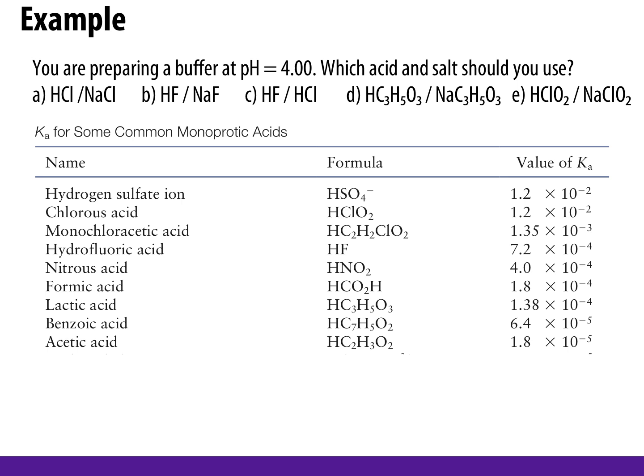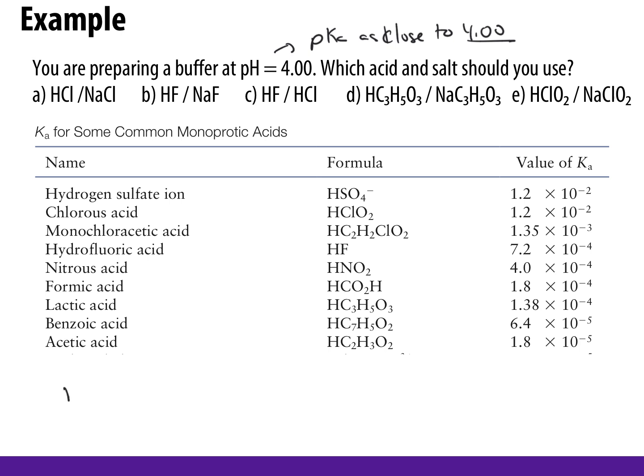Okay, so the best buffer we want, based on the previous slide, we want the pKa as close to 4.00 as possible, because if the pKa is exactly 4, then we'll be at that best buffering point for the system. Now, rather than calculating the pKa of a bunch of different buffer systems, let's turn that into a Ka.